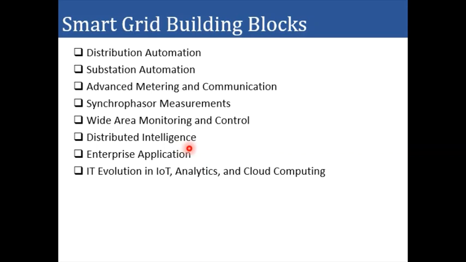Now, the other important building block is distributed intelligence. Distributed intelligence means the devices which we install in the distribution system will be intelligent enough to process the information locally, and then only the refined information will be shared with the central controller.